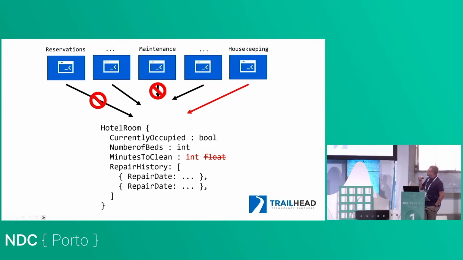So they make that change. Well, if everyone's sharing the same data model, before they do an update to their system, everyone else is going to have to do an update to their system because now they have the wrong type. The model is not going to match their data stores because maybe all these other microservices are still using a float for that minutes to clean property.